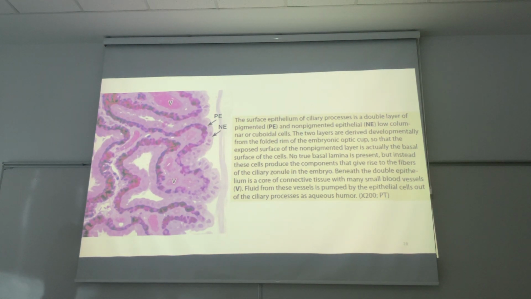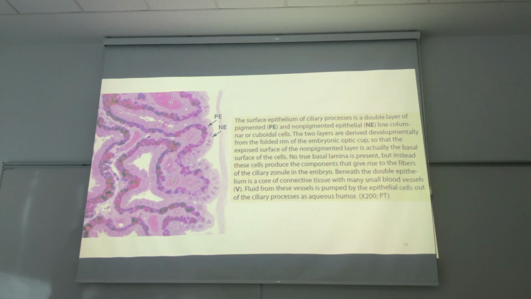This process has a role in production of fluid and also in production of zonular fibers, which are connected with the lens. These fibers are connected with this non-pigmented epithelium on one side and on the other side with the lens equatorial region.